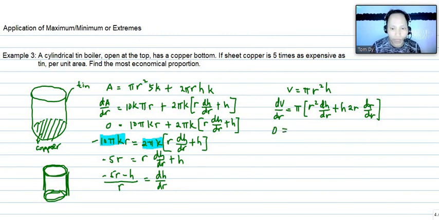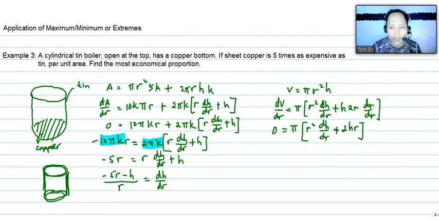We have pi, and then r squared dh over dr plus 2hr, dr over dr, that is equivalent to 1.